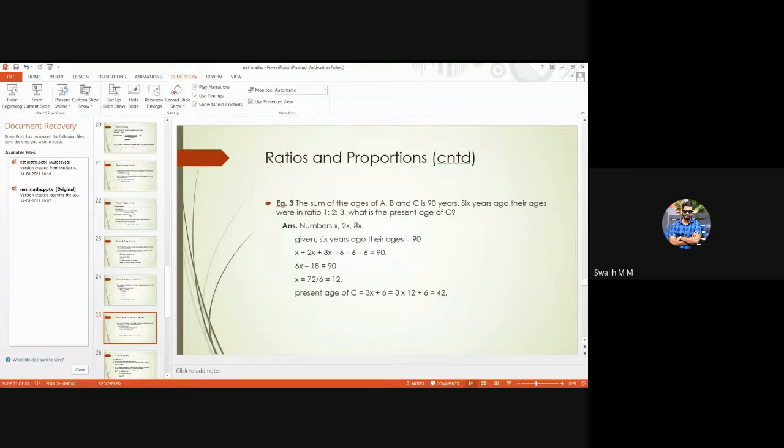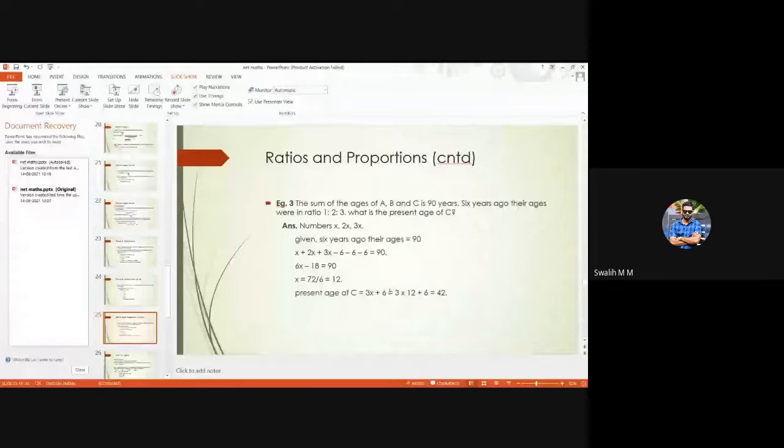And then 3x, 6 years ago C's age was 3x. Now the current age is what is asked in the question. So the present age of C would be 3x plus 6.